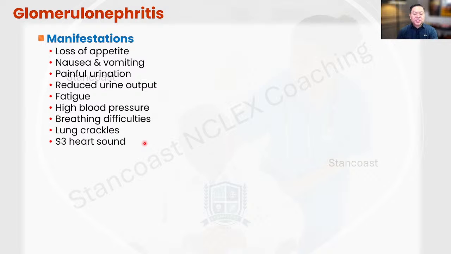Now, another is S3 sound, which is actually an extra abnormal heart sound, which indicates heart failure. And so at this point, the body, especially the heart, has been overloaded over time, or maybe the patient may have a pre-existing heart failure, but this is going to be aggravated when the glomerulonephritis occurs, because again, there is accumulation of fluid in the vascular system. Then it can trigger the weakening of the ventricle.